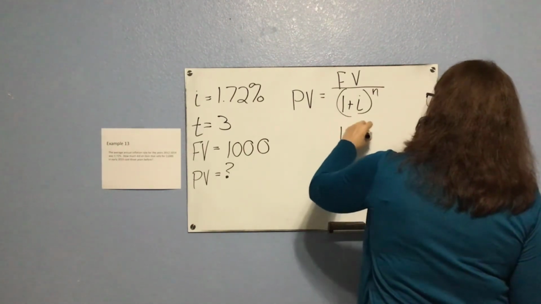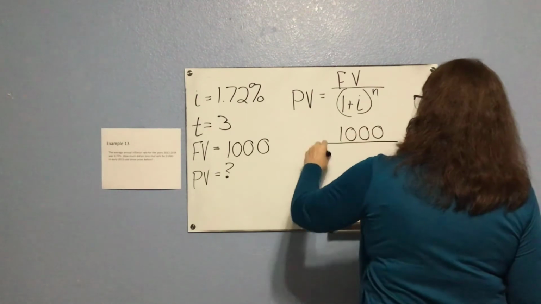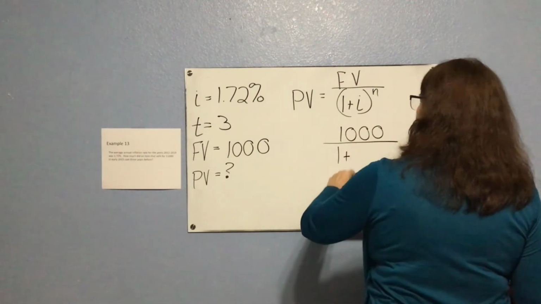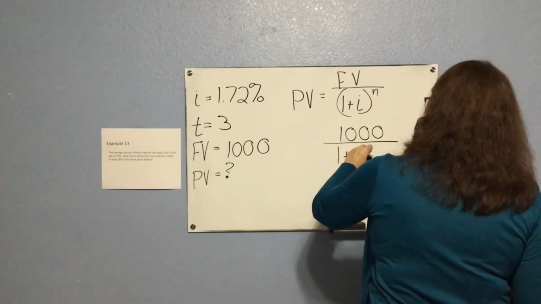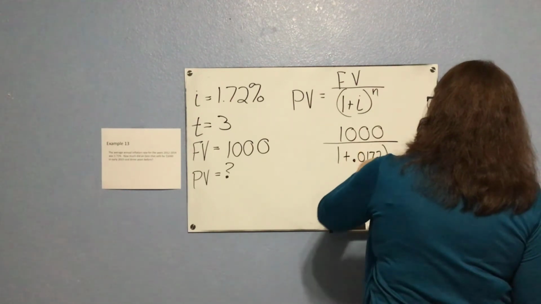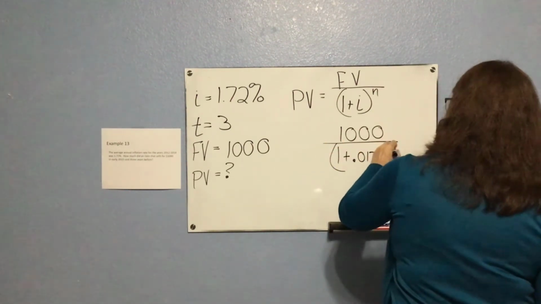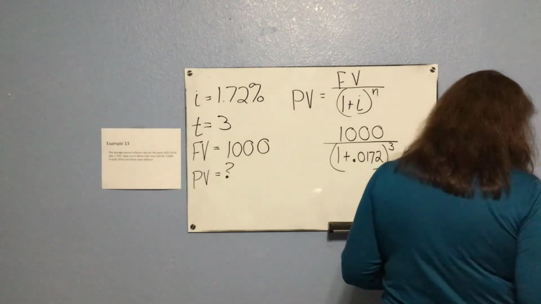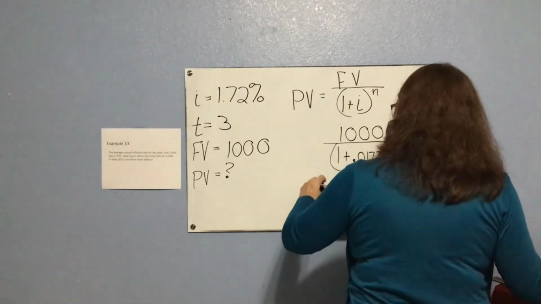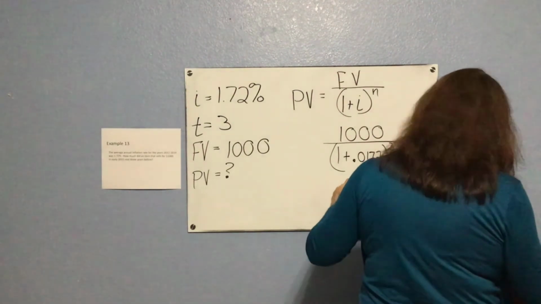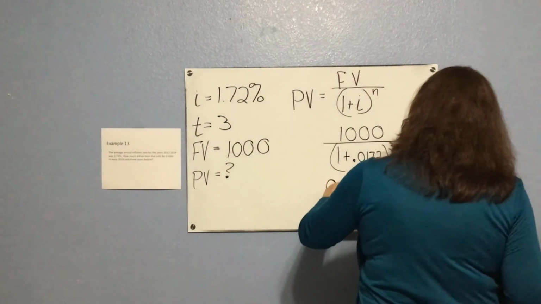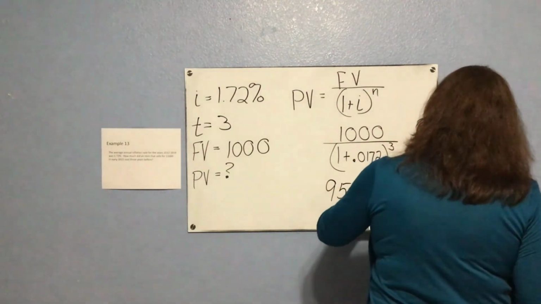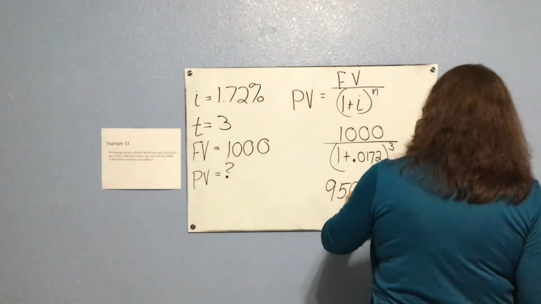So 1,000 over 1 plus 0.0172, and the third power, since we had 3 years that this was calculated over, and this works out to approximately $950.12.